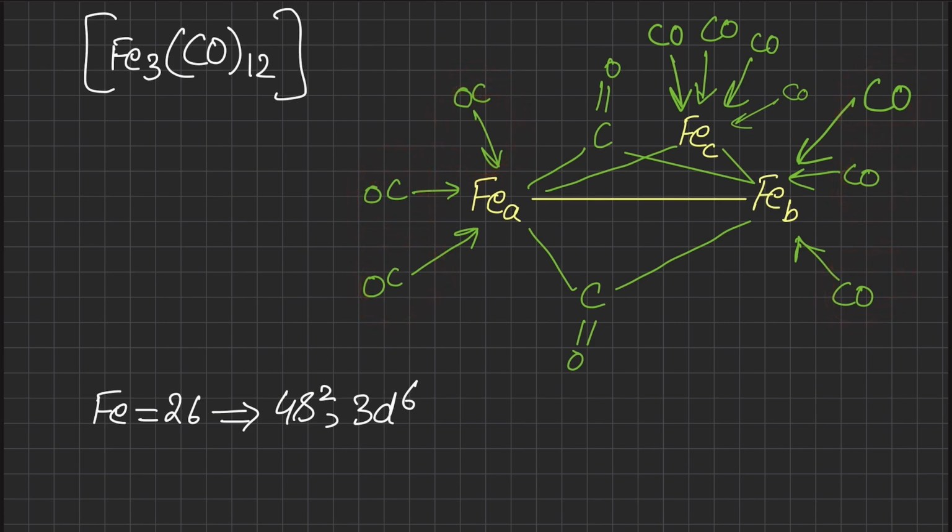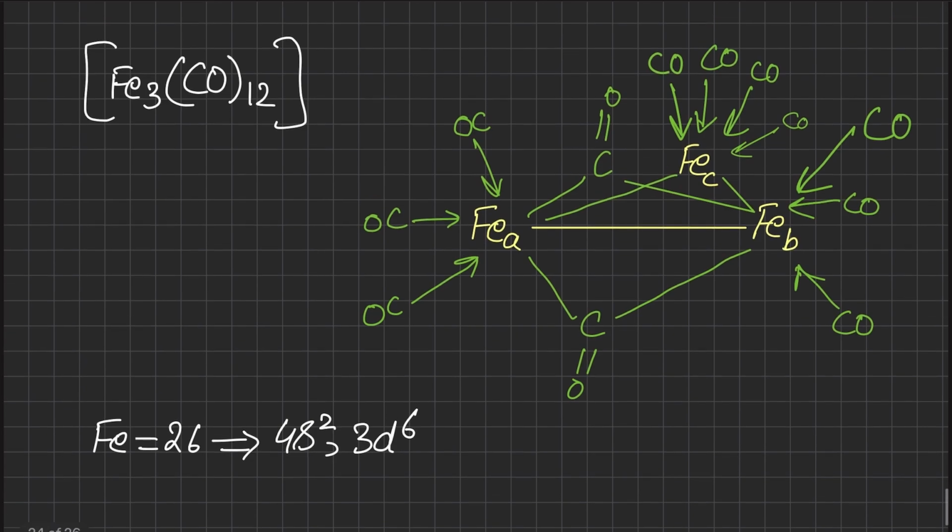These carbonyls are called terminal carbonyls, whereas with this third iron there are four carbonyls attached, and two carbonyl bridges are present.